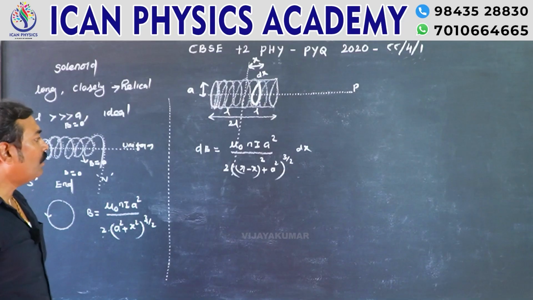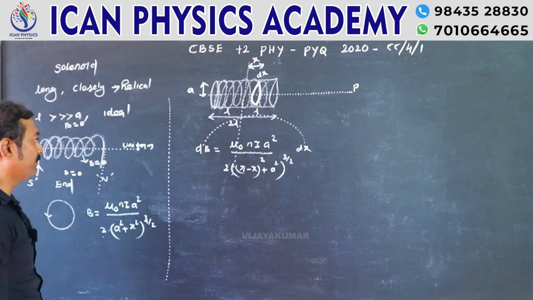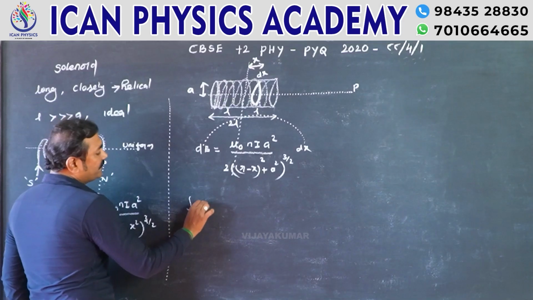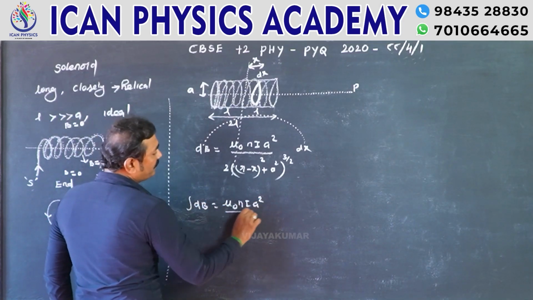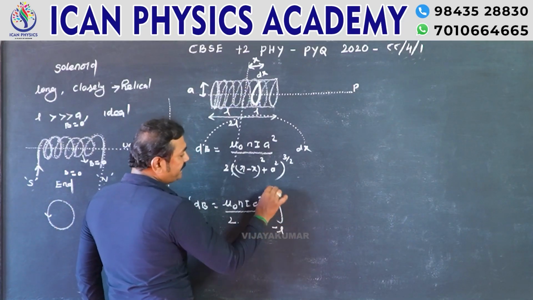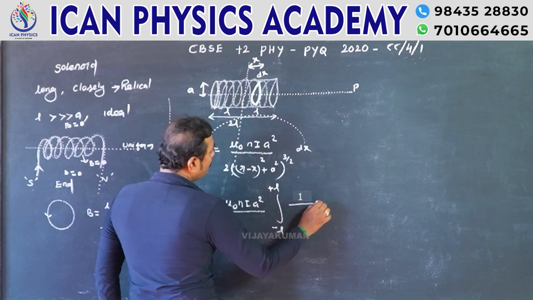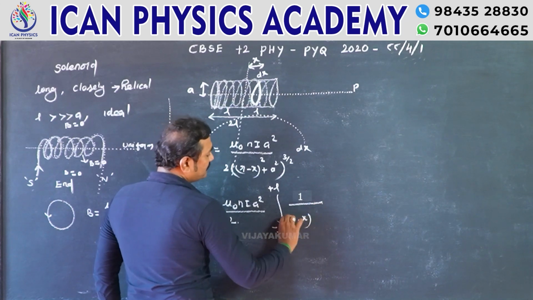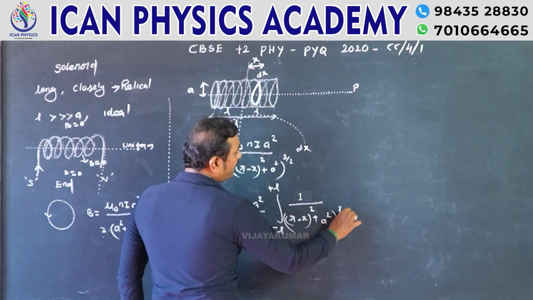Okay. Now, we can integrate on both sides. So, when you integrate, dB equals mu naught N i A square by 2 into the integral from minus L to plus L of dx by ((R minus x) the whole square plus A square) power 3 by 2.